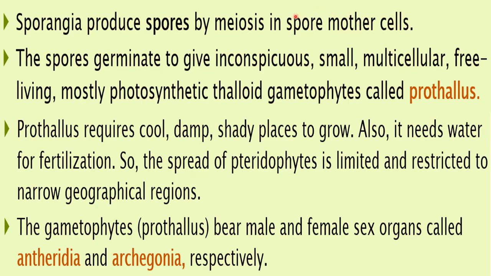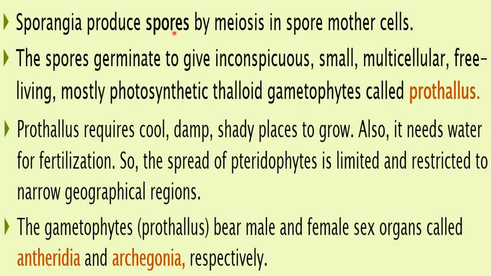Where does the spore mother cell come from? The sporogenous tissue present inside the sporangia forms the spore mother cell, and then this spore mother cell undergoes meiosis and forms the spores. You can note this down.